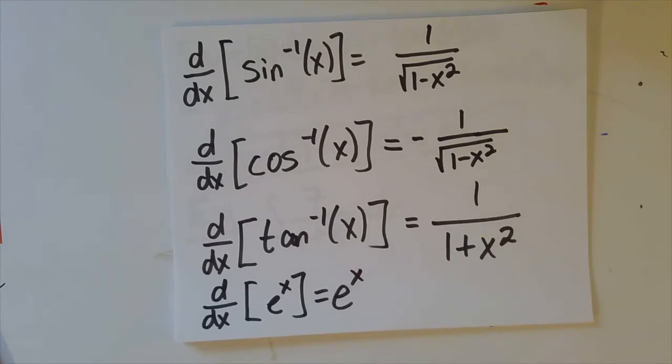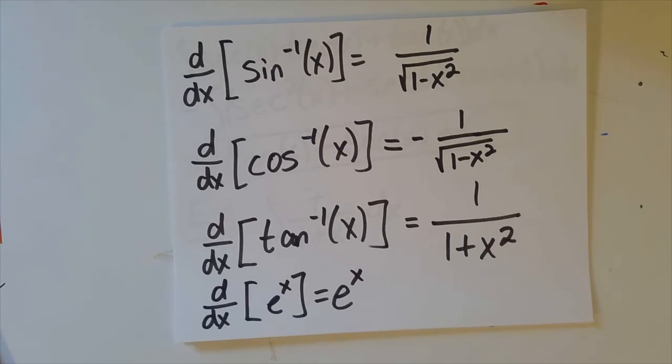Just like I said before, every time someone gives you a derivative formula, they're also giving you an antiderivative formula. And so if someone asks you to integrate 1 over the square root of 1 minus x squared, you know the answer there is arcsine. If someone asks you to integrate minus 1 over the square root of 1 minus x squared, that's arc cosine, or minus arcsine, whichever you like better.